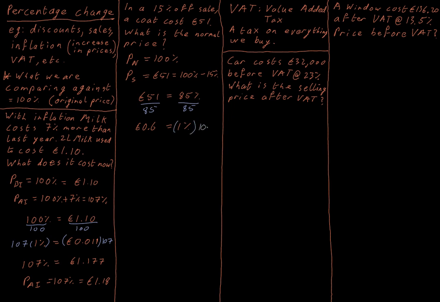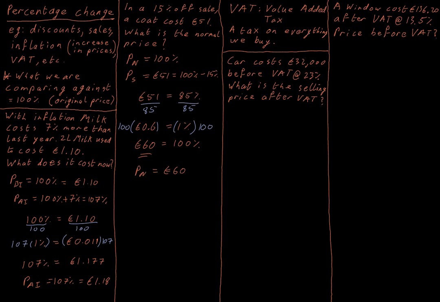We want to get the normal price, which we figured out is the 100% situation. So we multiply there, and we get that our price before the sale, or our normal price as it's worded in the question, is going to be €60. So that's our normal price, is €60.